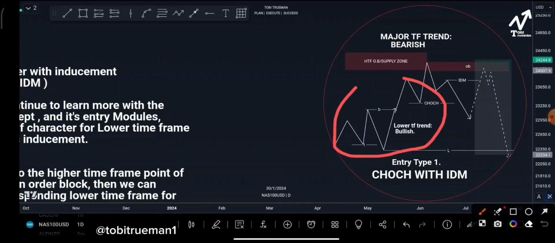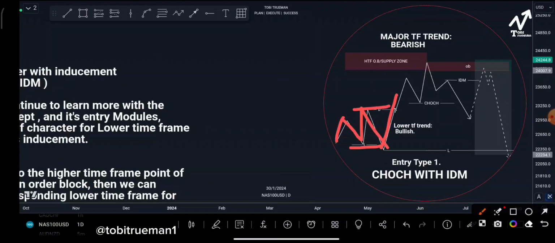You will see the 1 hour time frame making bullish structure, something like this. Impulsive move, corrective move, impulsive, corrective, took out inducement, corrective, break of structure. Then we'll now have another inducement here.